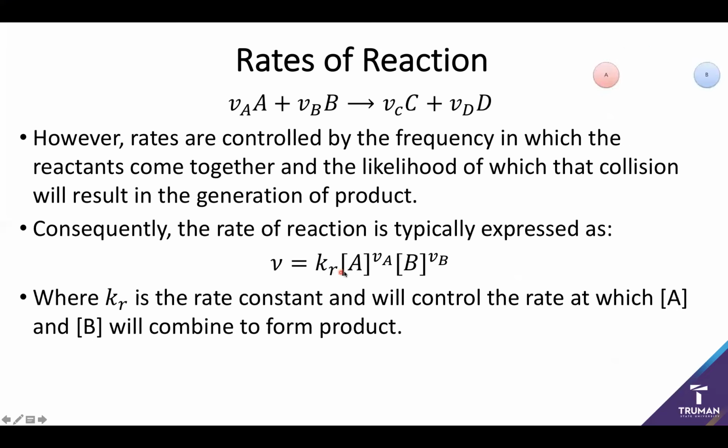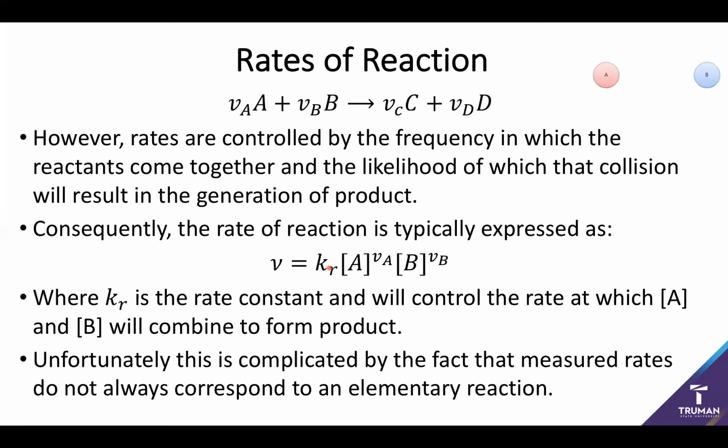So it's going to help us go from the actual controlling concentrations to the essential rate of formation. Unfortunately, this parameter is going to be largely controlled by the sheer nature of the reaction and often needs to be determined empirically.